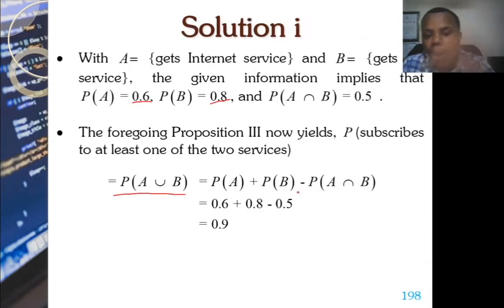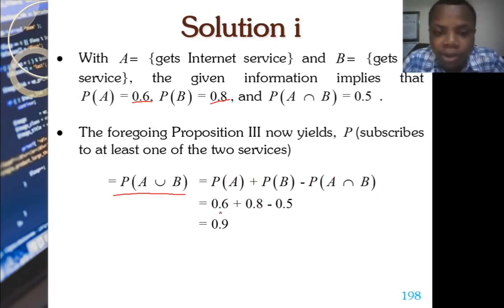Because of the "or", we are dealing with the union, so we have to estimate the probability of A union B. And remember from the addition law of probability, once we are talking about union, that brings us to the addition law: the probability of A plus the probability of B minus the probability of A intersection B.